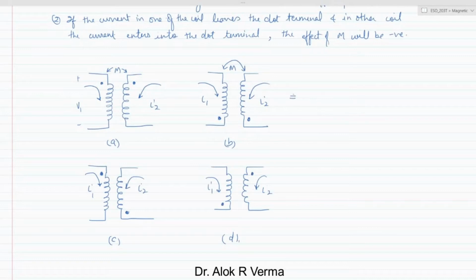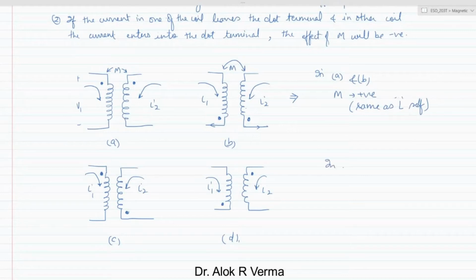So in A, the current is entering at both terminals. And in case B, the current is leaving. If the current is coming here, it is leaving the dot terminal. Similarly, I2 is also leaving the dot terminal. So in A and B, M is taken as positive. Positive means same as L, or self.